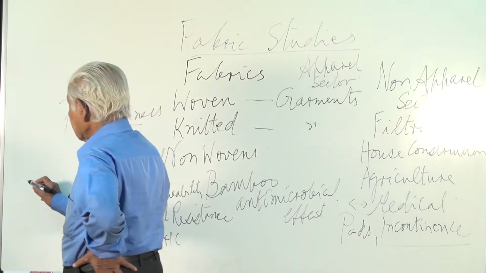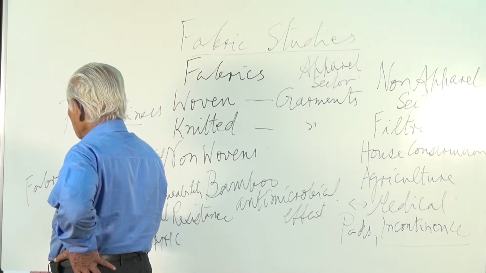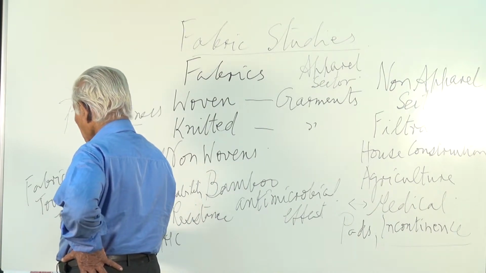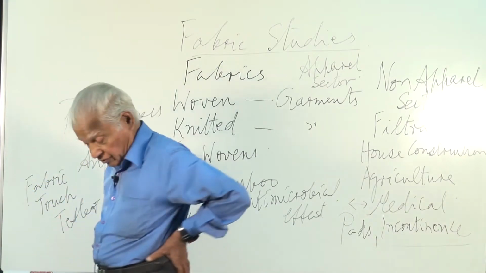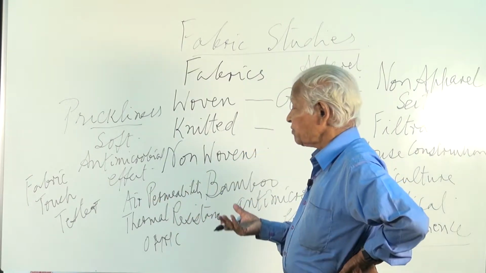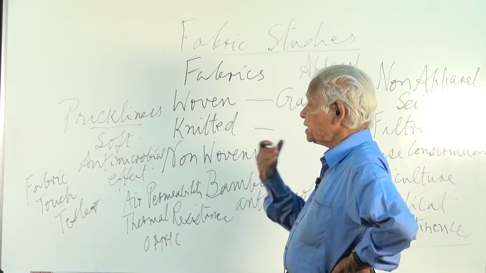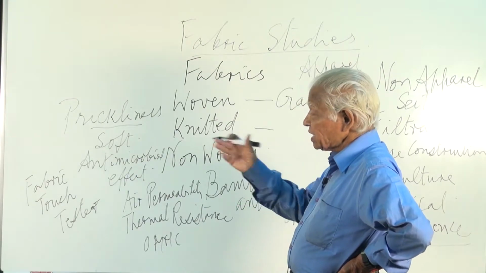And there is another tester which has been introduced called the fabric touch tester. This fabric touch tester particularly gives information about the impact of the fabric on the skin, whether it provides smoothness or an anti-prickling effect, and it is a very recent addition.